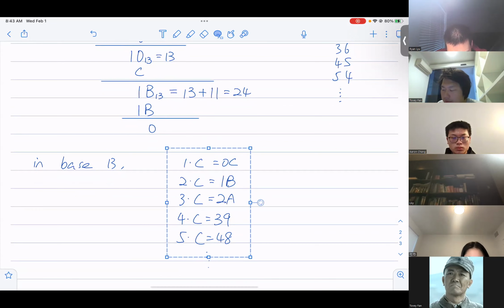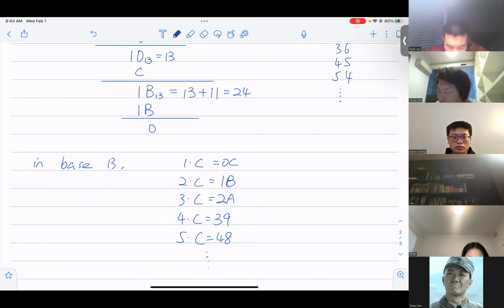There are two most common patterns. In a base system, if you times by a number one less than the base, you have this pattern, and also if you just times by the base number itself, say 1 times 0 is just going to be 1 0.